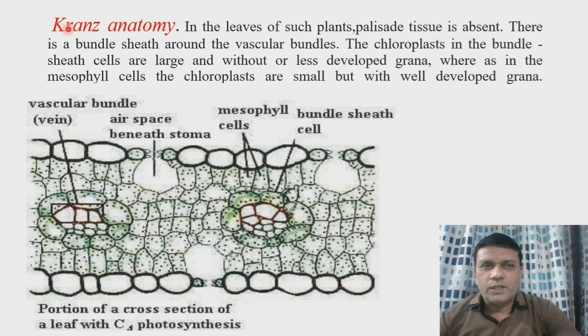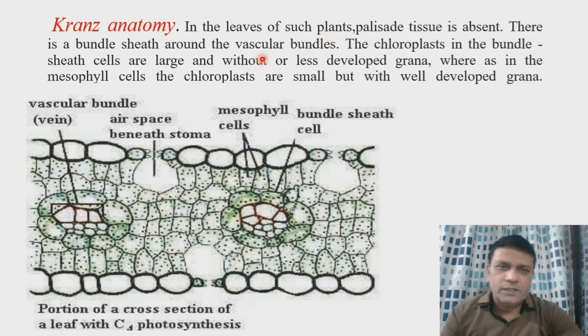Now we will see Kranz anatomy. Now in the leaves of such plants, palisade tissue is absent. Then there is a bundle sheath around the vascular bundles. Now we can see the mesophyll cells and bundle sheath cells.